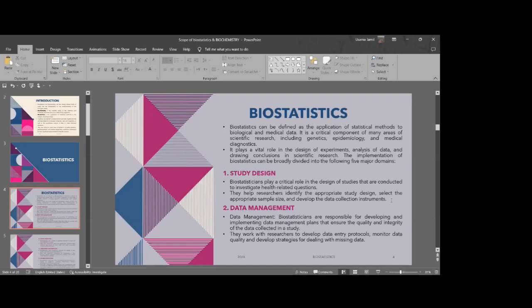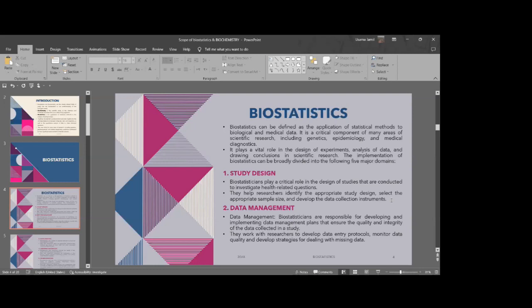So, for example, we design a study, we define a sample size, we collect the data for assessment.